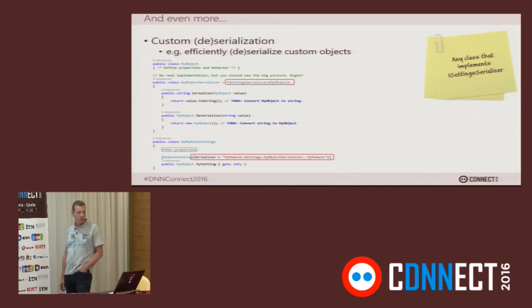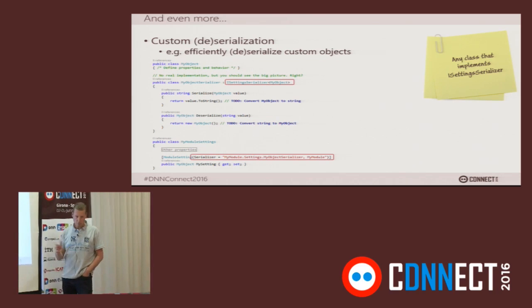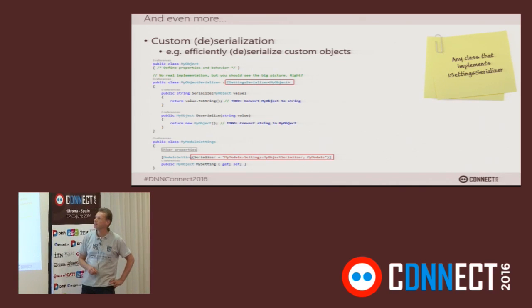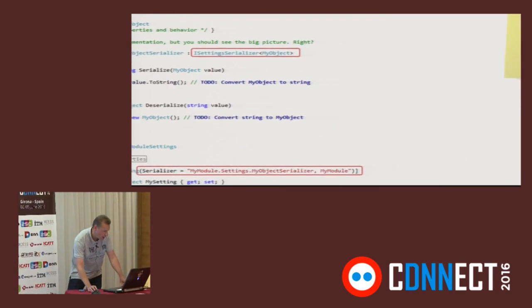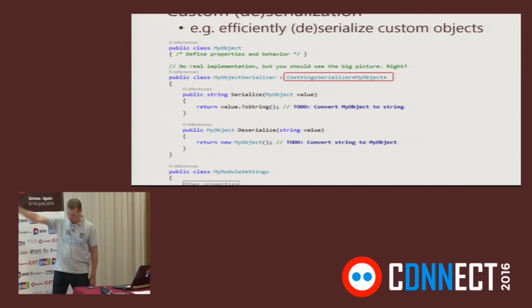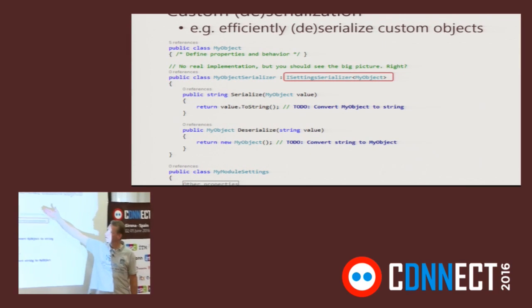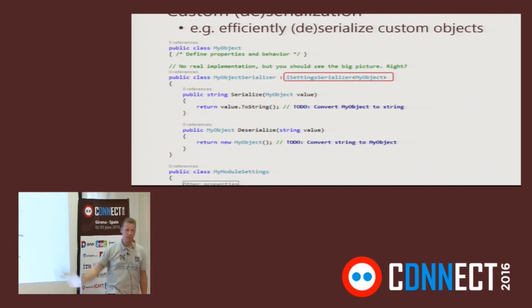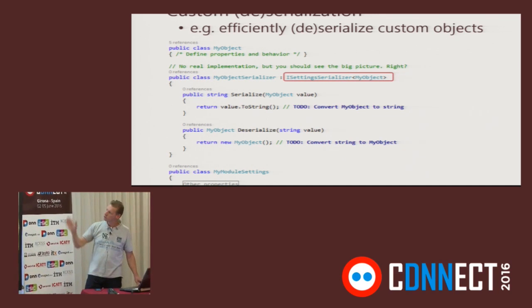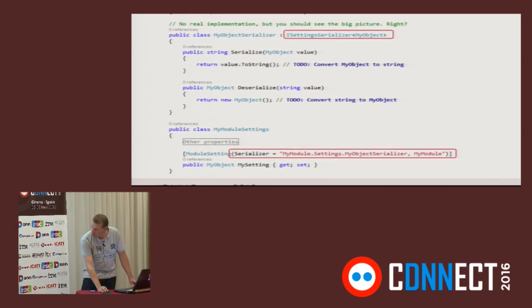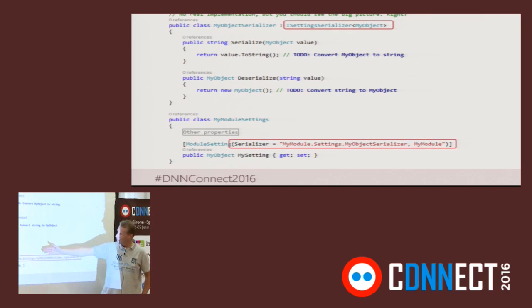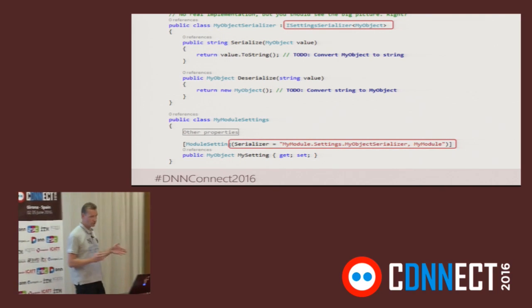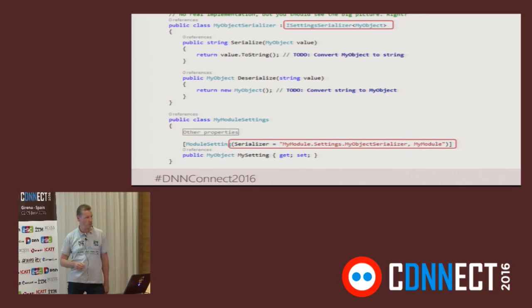There's custom deserialization, one of the things you might recall from the Yes We Can slide. Now, suppose you do have some kind of custom object here at the top. For the sake of simplicity, there are no properties or behavior in this, it's just an empty class. And here at the bottom, I have my module settings. And I would like to have the module settings API persist this as indeed that specific object.